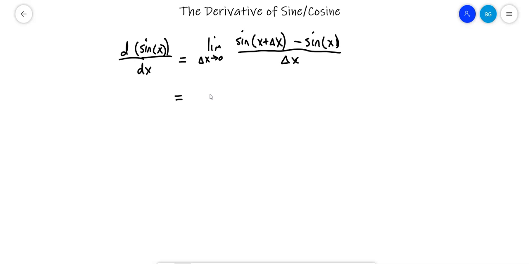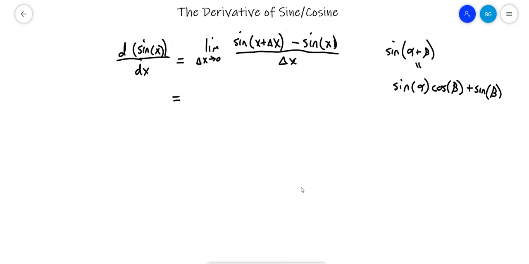Now, if you remember back to your trig class, maybe last year, maybe it's been more than that, there is an identity that relates the sine of a sum to another expression, and it looks something like this. And usually when you see it in textbooks, there's alphas and betas. So we'll say the sine of alpha plus beta equals sine alpha cosine beta plus sine beta cosine alpha.